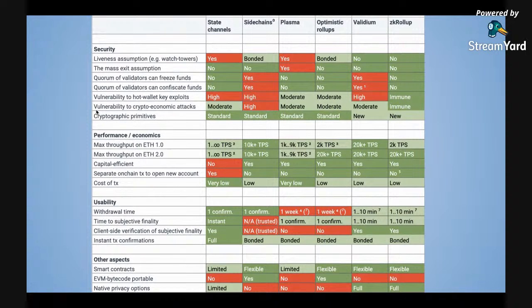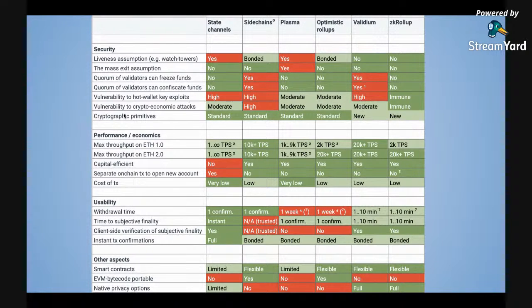Vulnerability to crypto-economic attacks. I think what they're referring to here is incentives, whether they're vulnerable to poor incentive mechanisms. Again, it's very dependent on the configuration, but sidechains are considered higher security risk because you will have sidechains that are particularly weak.